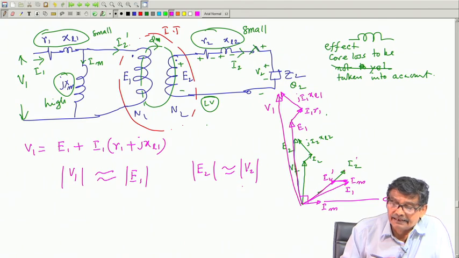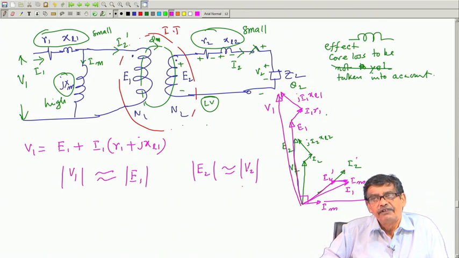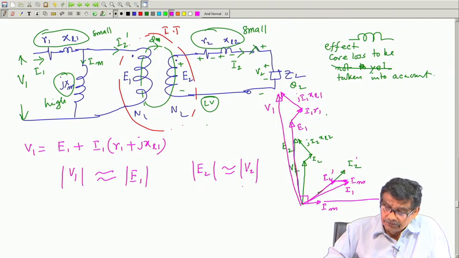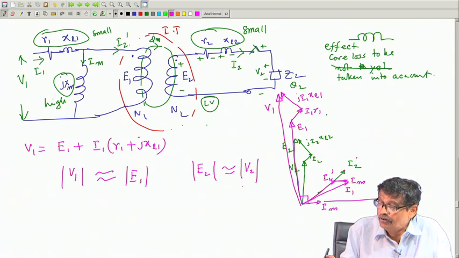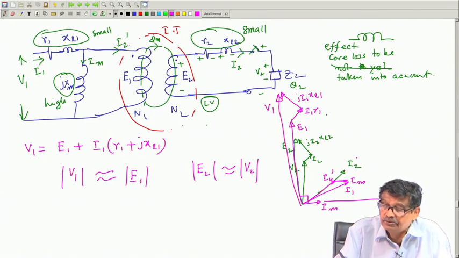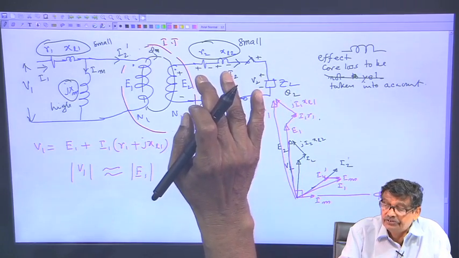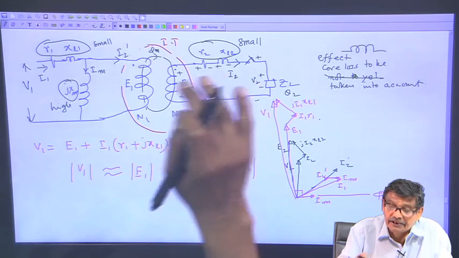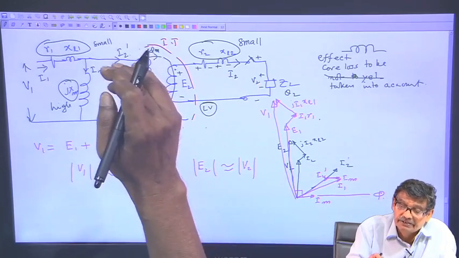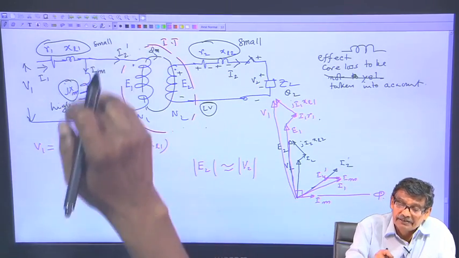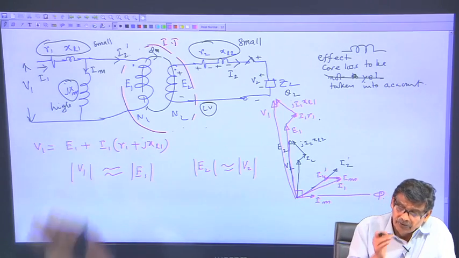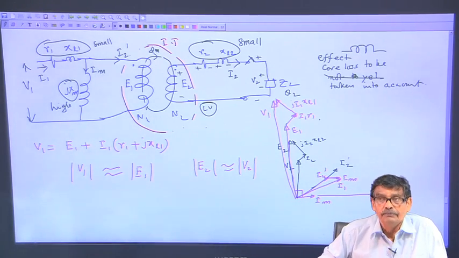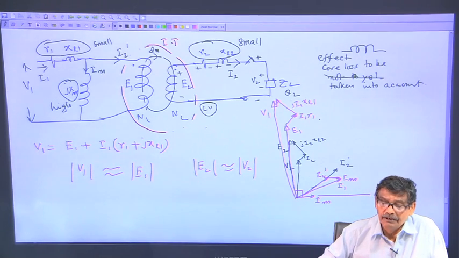Therefore, we can say roughly that the flux level even in a practical transformer will change as you change the value of I2 by varying Z2. I2 will change, so this drop, with another value of Z2, will be different. Similarly, here I2 dashed will come, I2 dashed plus Im and so on. These drops are small for a well designed transformer.